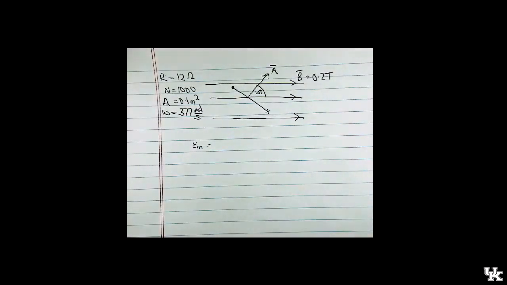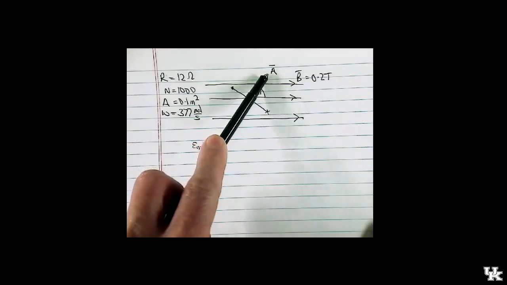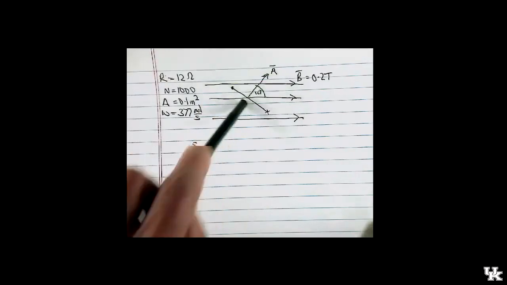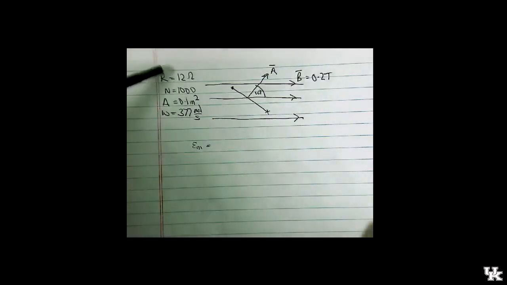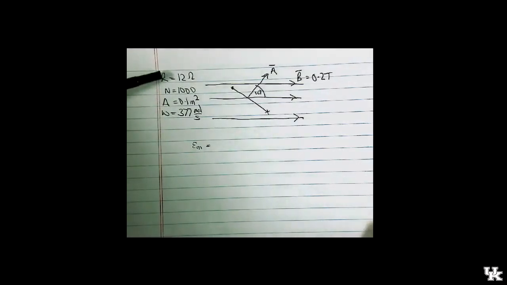Here is the area vector that corresponds to the loop. And then over here on the far left, I've written out the various quantities that I know about the loop. I know its resistance, the number of turns, the area, and the rate at which it's rotating.